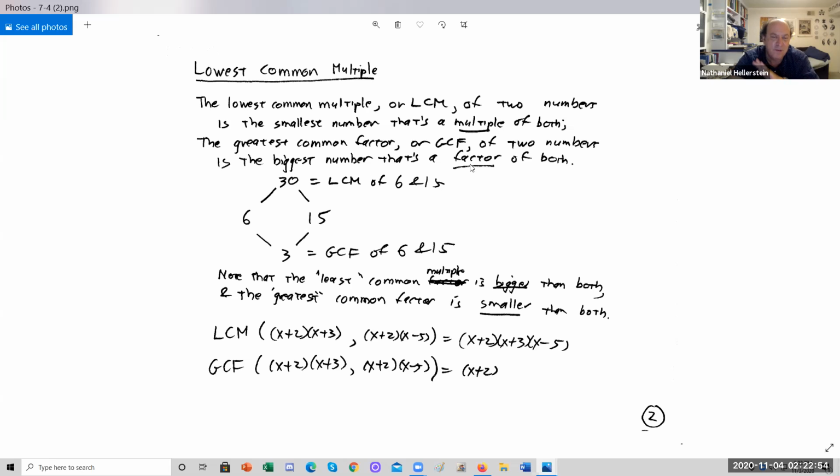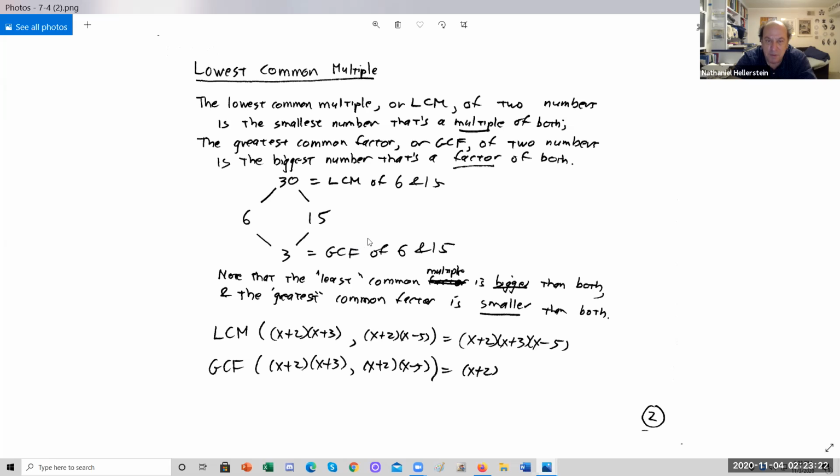Now people get confused. Okay, look here, 6 and 15. LCM is a multiple of both, and the smallest one that's a multiple of both. That's 30. 6 goes into 30 5 times, 15 goes into 30 twice, and there's no smaller common multiple. Now, greatest common factor is 3. 3 goes into 6 twice. It goes into 15 5 times, sort of a complement of this.